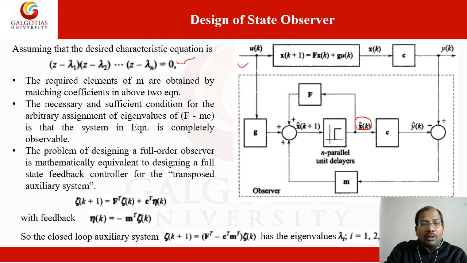They are of a dual nature. Suppose this system is given; this is its dual form. For this we can design the controller and compare, and design this way. So this is the state observer.